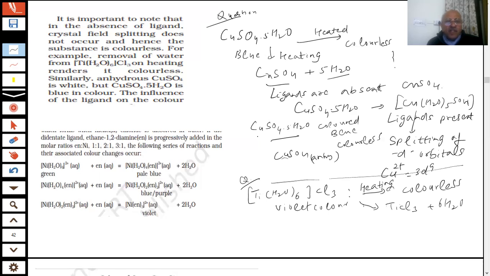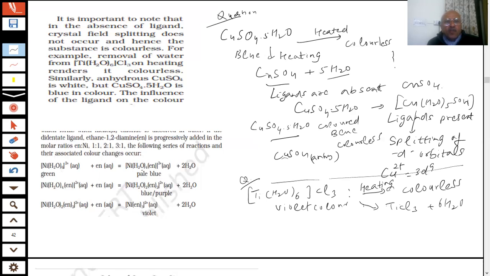For one example which became a question in one of the papers, what is the name of this compound? Hexaaquanickel(II). This is green in color. Add one en and the complex becomes this.